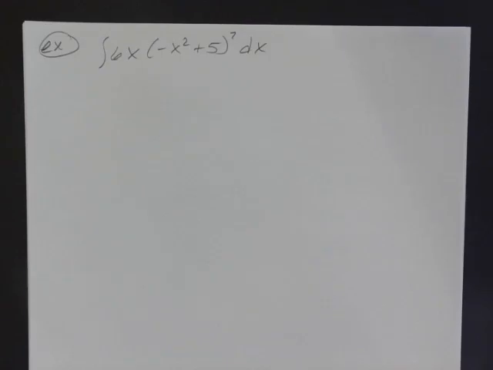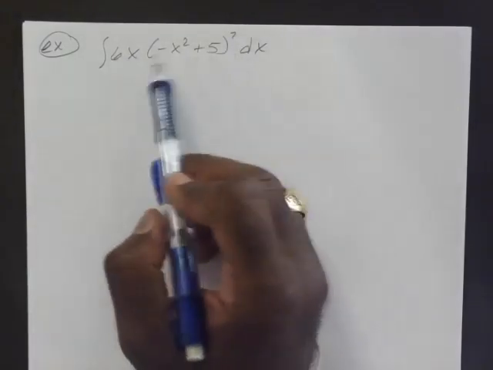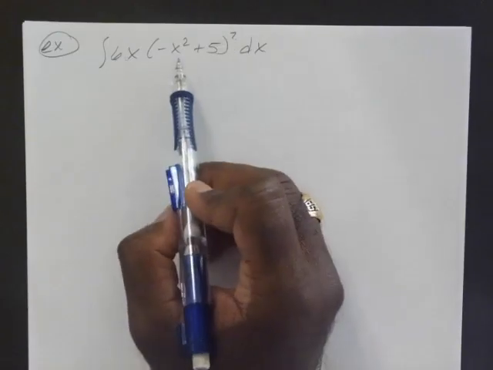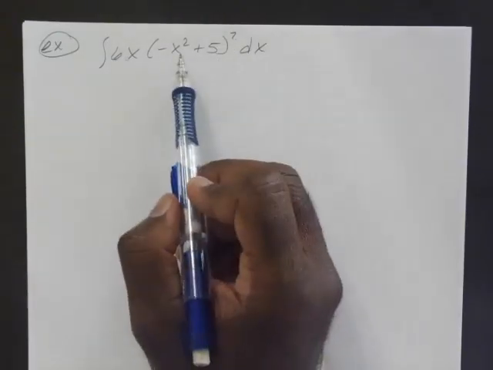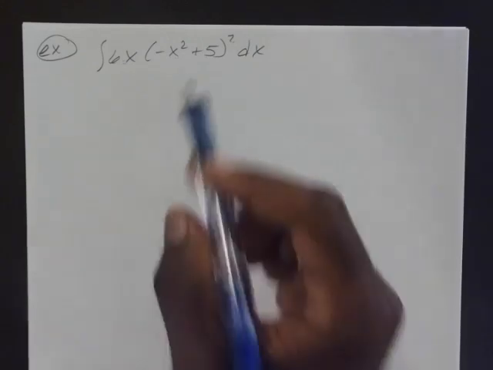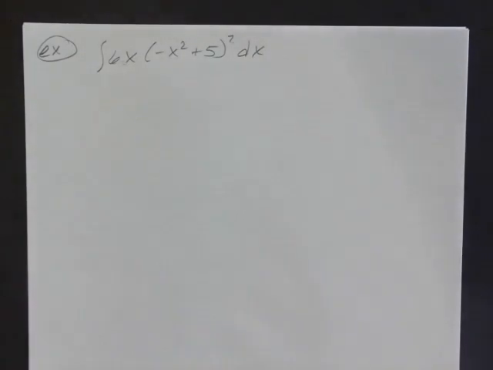Now for this one, we can't just distribute the x because it's (negative x squared plus 5) to the 7th power. So we'd have to expand that all the way: negative x squared plus 5 times negative x squared plus 5, and so on. We'd have to do that 7 times, then distribute and combine like terms and all of that, and then distribute x to each of those terms.